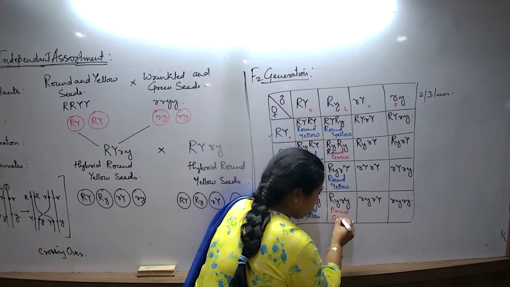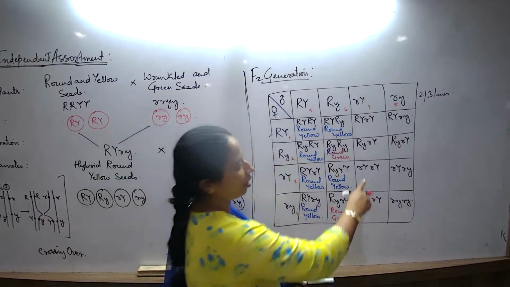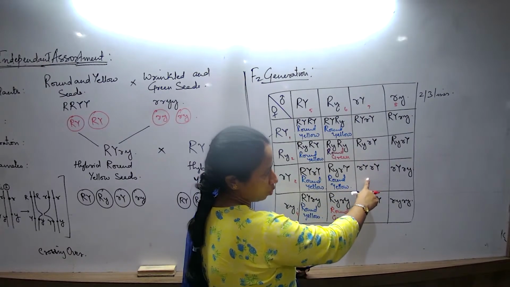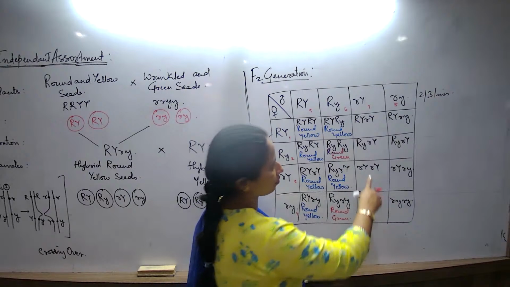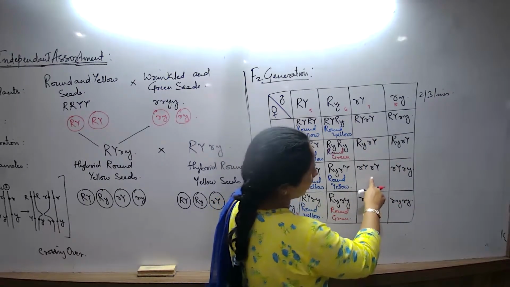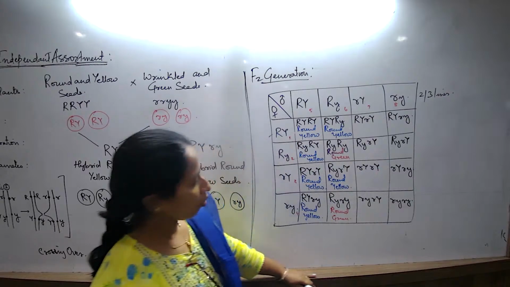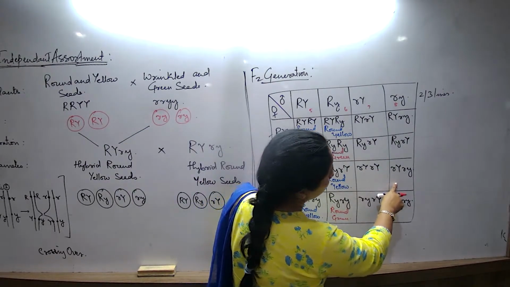Round and green. Tell me one more round and green, where is it? Where will you write round and green? Wrinkled. Next, round and green. One more will be there.